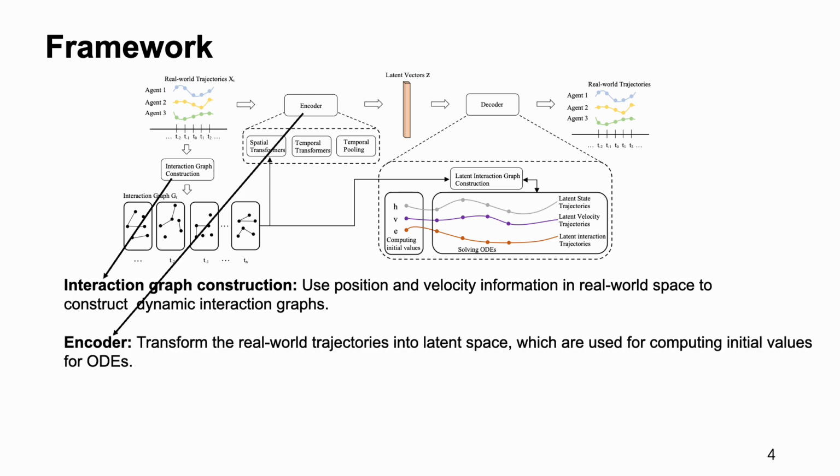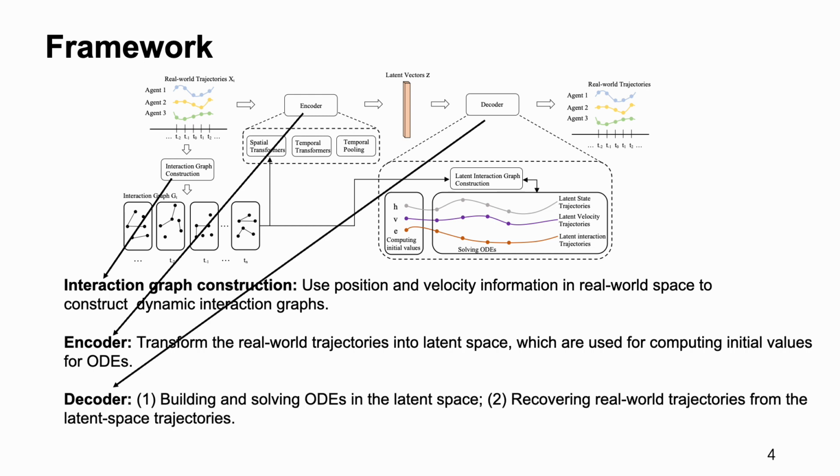Secondly, we use the spatial-temporal transformers as our encoder to transform the real-world trajectories into latent space, which are used for computing initial values for ODEs. Lastly, the decoder module includes two parts. One is building and solving ODEs in the latent space, and the other is recovering real-world trajectories from the latent space trajectories. We will introduce these three components in detail.